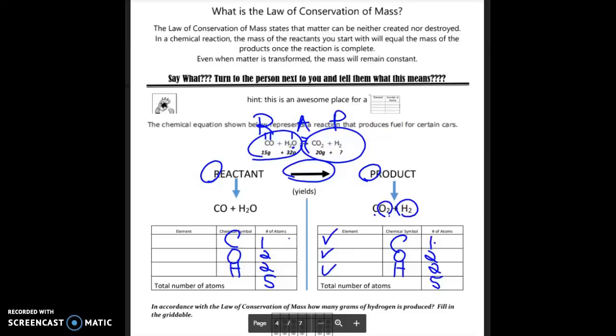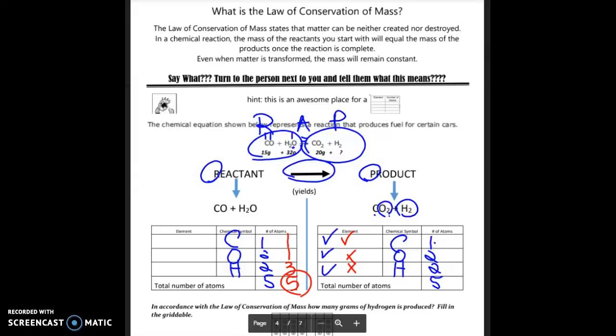If, for whatever reason, maybe this one was 3 and that would be 3, 4, 5, 6, so that would be a total of 6, but that one would still be 1 and that one would still be 2. Or if this one was 1, that one was 1, and that one's 3. I still have 5 here, but if these do not match, this one matches, this one does not, and this one does not.